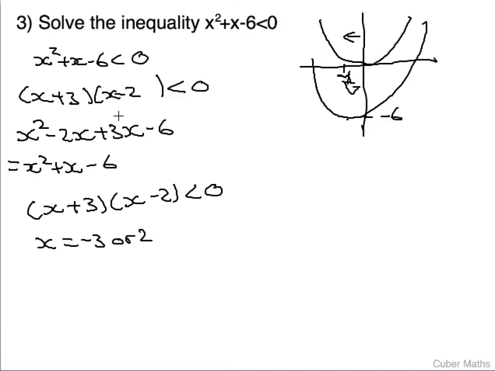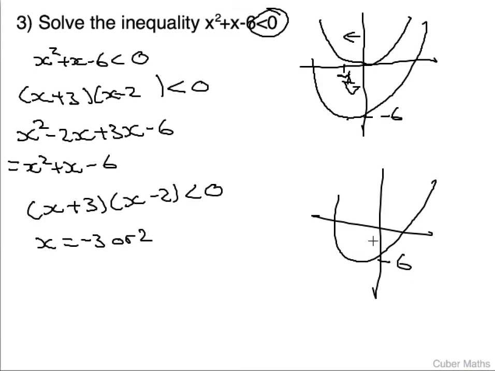Now to find out how we're going to write that as our inequality, we need to look at what it says. So it says less than 0. So where our graph is like this, where it crosses at minus 6 and its minimum point is at minus 1, we want everything less than 0. So we want everything below this area here.